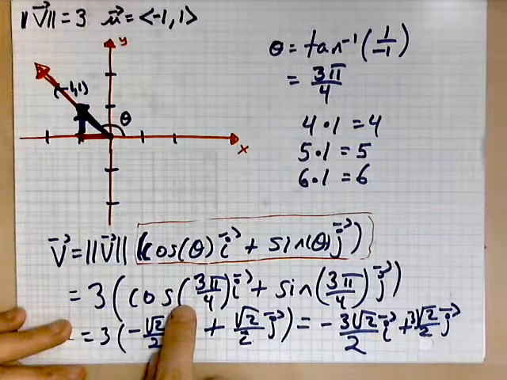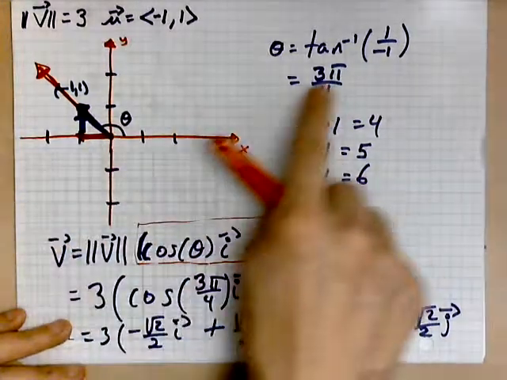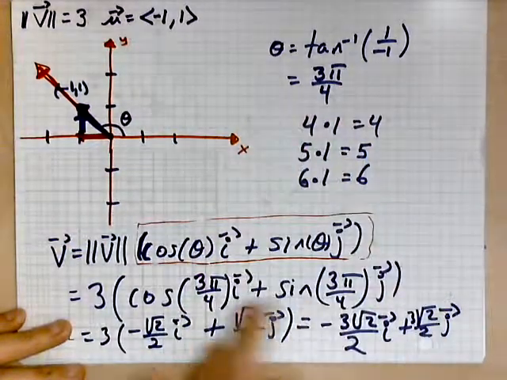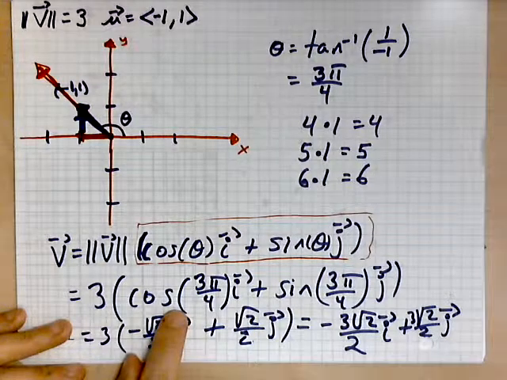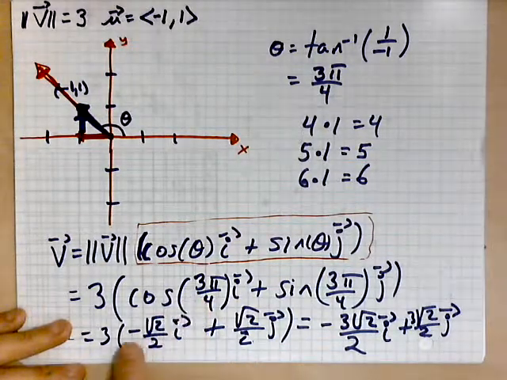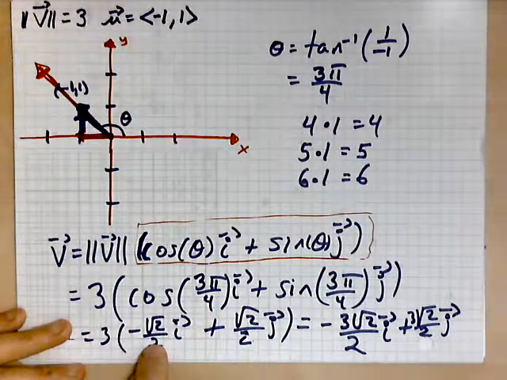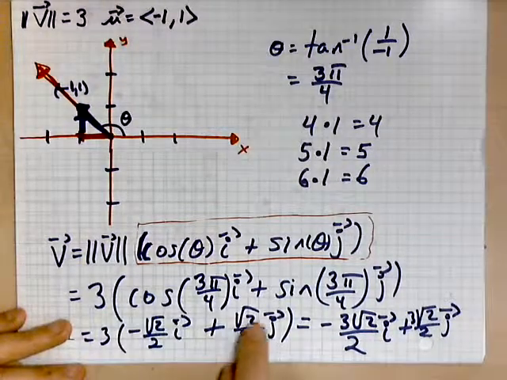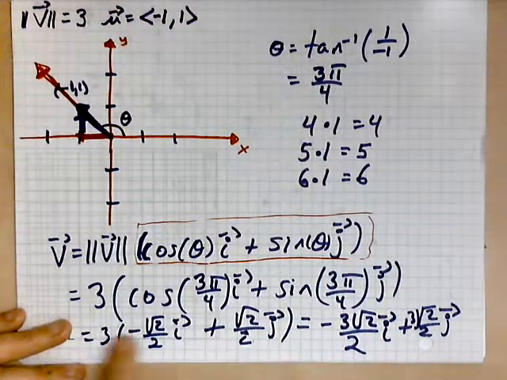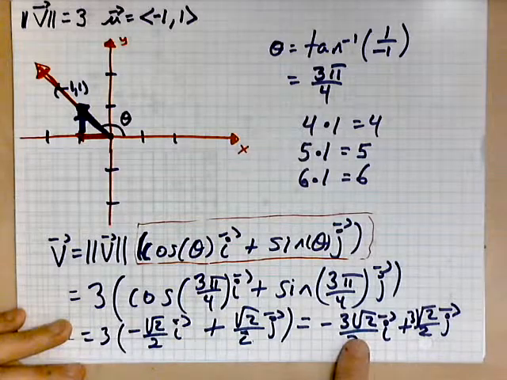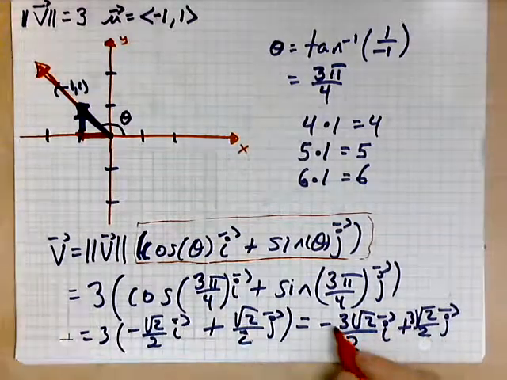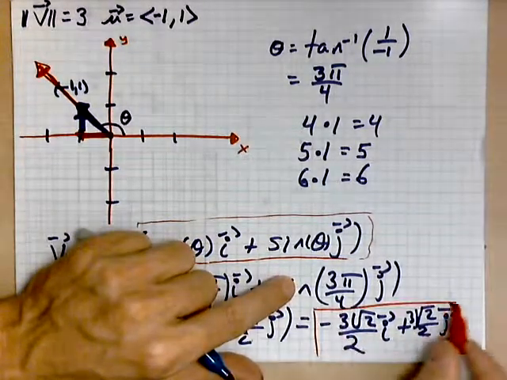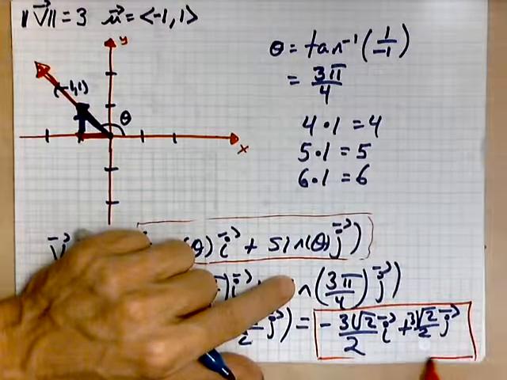We replace the angle with the one found from the inverse tangent function. Then we apply the values. So cosine of 3 pi over 4 is negative root of 2 over 2, and positive root of 2 over 2 for the j component. Then you distribute the 3 over, and you end up with this as the final form of the vector. There you go.